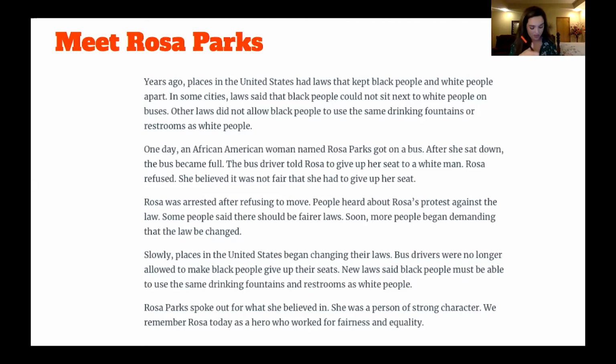All right, and sometimes your main idea will have a little bit more information than just that topic sentence. So for example, this topic sentence was good because it was introducing us to what was happening, but we did also need to include that she refused to give up her seat. So this is what paragraph 2 should look like for you guys. And again, if you want to add the details of maybe the seat was full or she believed it was not fair, you can add that.